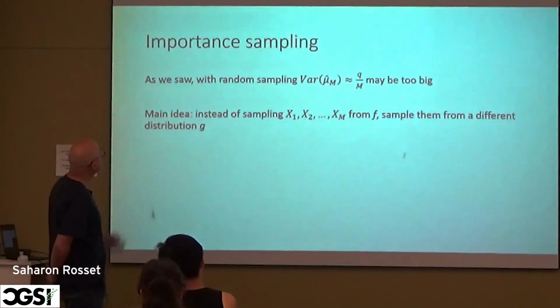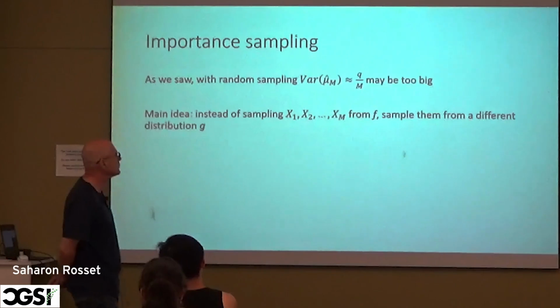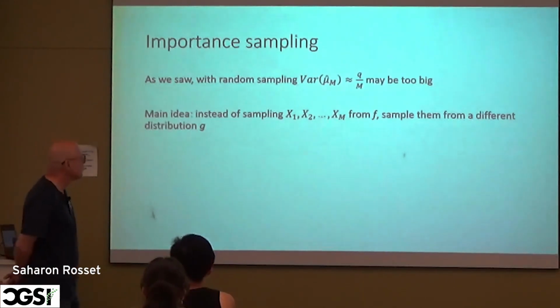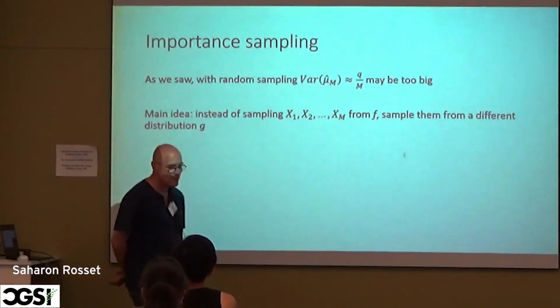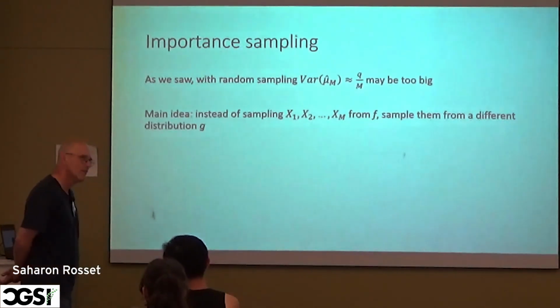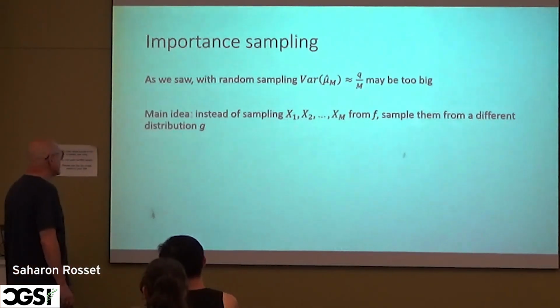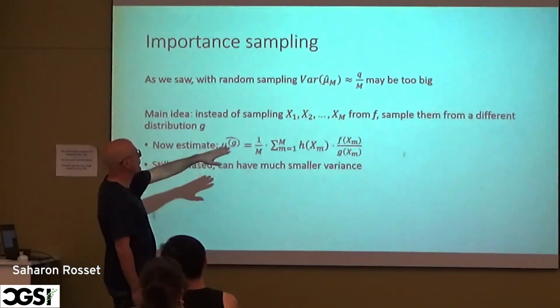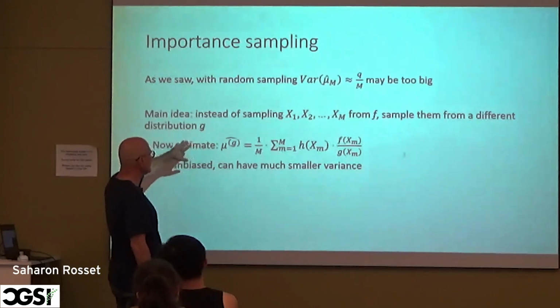And so the main idea behind this notion of importance sampling, which is a very important notion that's maybe understudied in education programs I know, is that instead of sampling from F, let's consider sampling from a different distribution G. Okay? And why would that be a good idea? First of all, what would we do if we sample from G instead of from F?